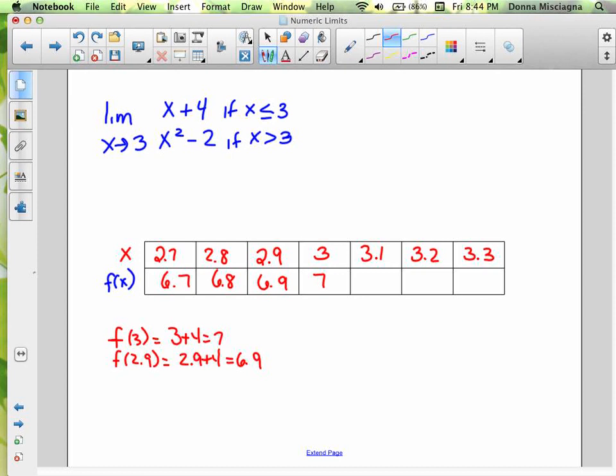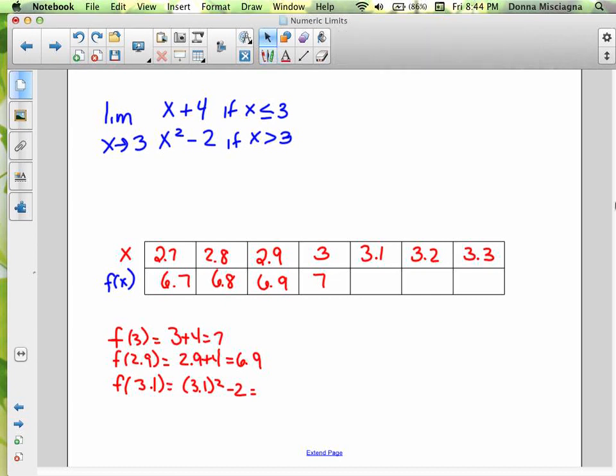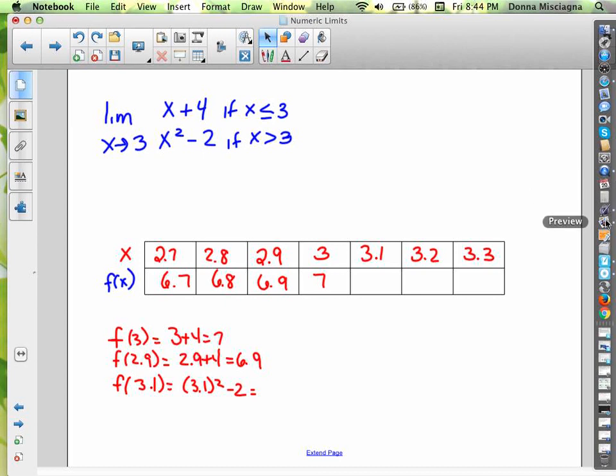Now, how about for values that are greater than 3? Now we're going to use the other function. So for 3.1, for instance, f of 3.1, we would have 3.1 squared minus 2. And now I'm going to be really liking a calculator, so I don't have to square 3.1 in my head.